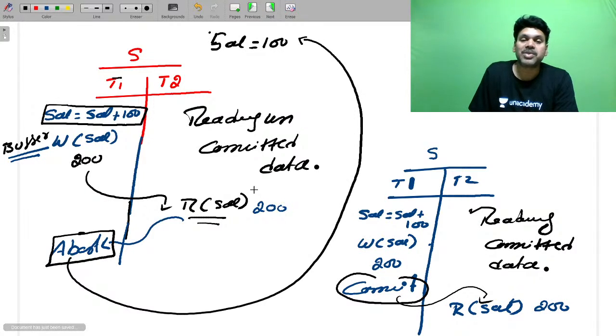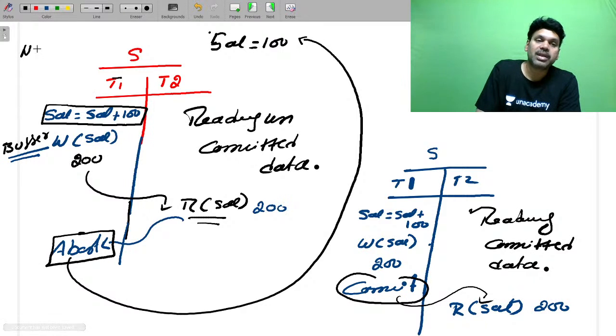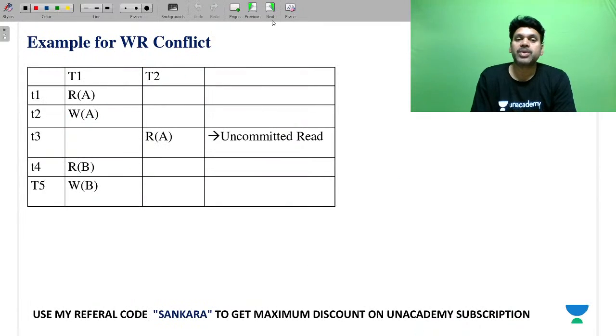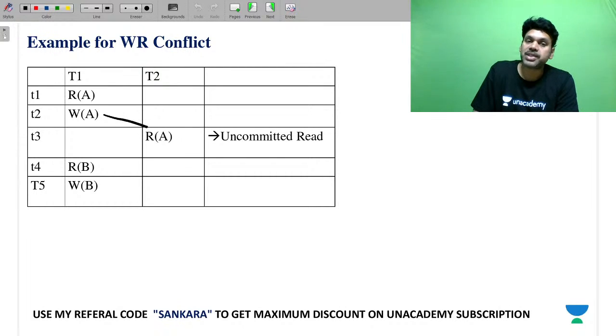So those problems you are going to see, especially whenever you have the concept called WR conflict. So this is how a WR conflict works: W versus read, which is nothing but an uncommitted read. This is also called a dirty read.